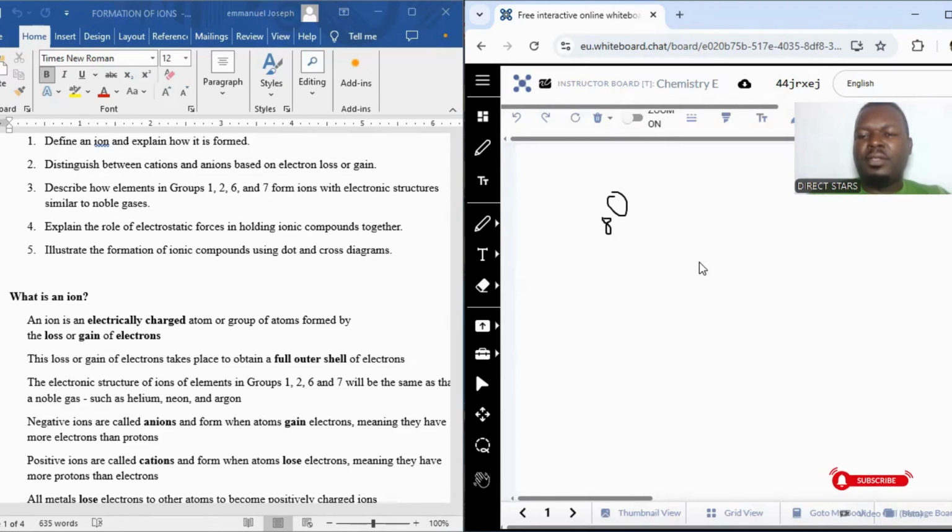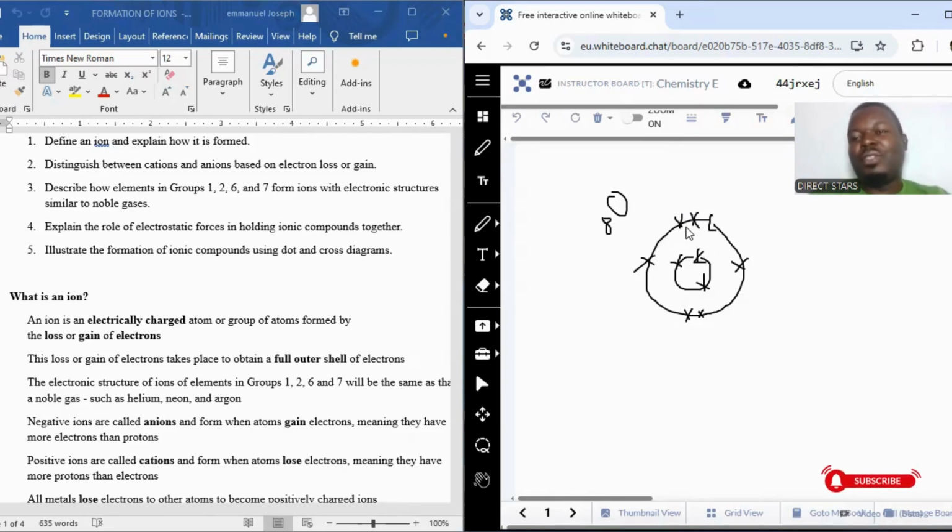That means in the K shell we have 2 electrons, and then the L shell will have 6 electrons left. So that's 1, 2, 3, 4, 5, and 6.